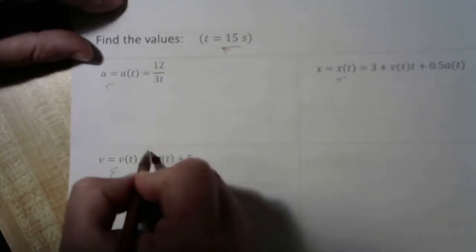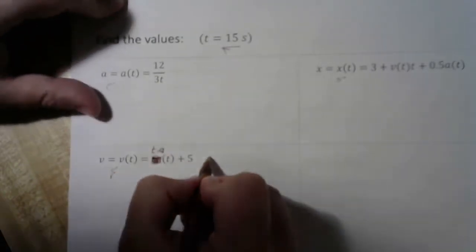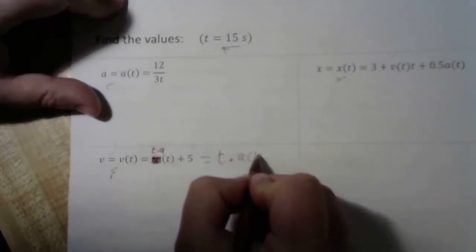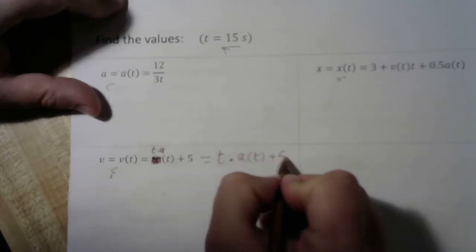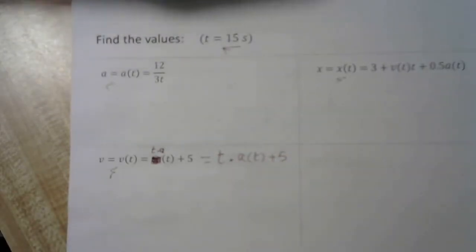No, not a typo, I'm sorry. This is t multiplied by the acceleration. I am sorry, this is equal to t multiplied by the acceleration a of t plus 5. Okay, I will come back to these things later.